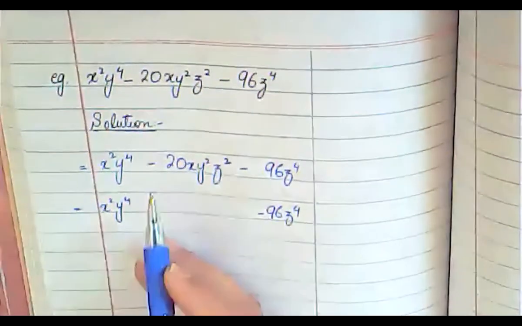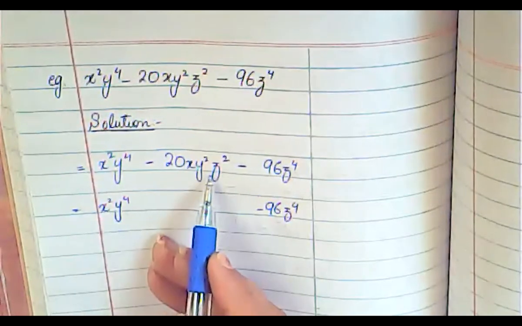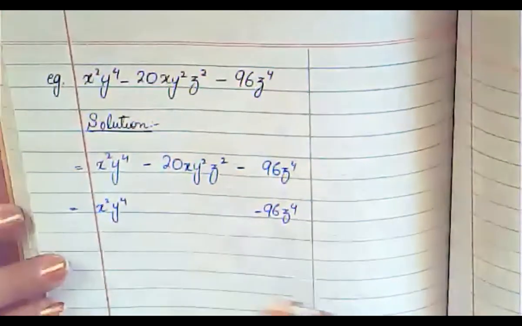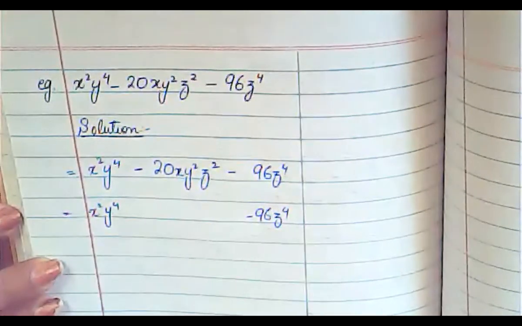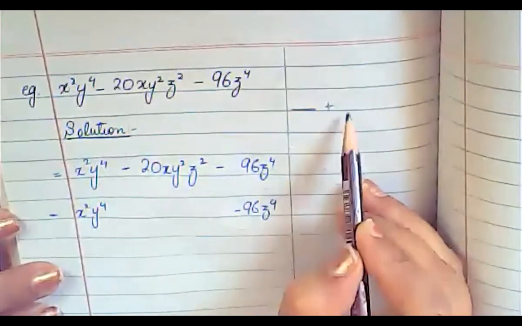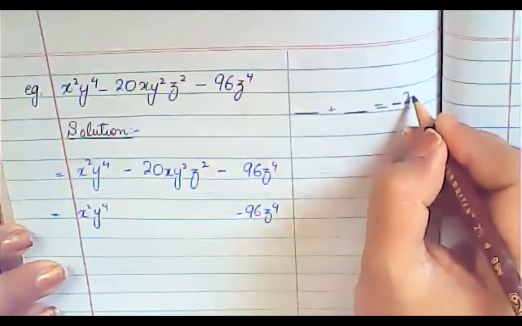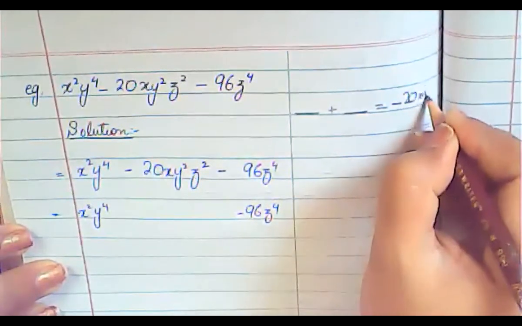Now what you have to do is break the middle term, minus 20xy square z square. What does it mean? It means that when you add any two values, the answer should be equal to minus 20xy square.